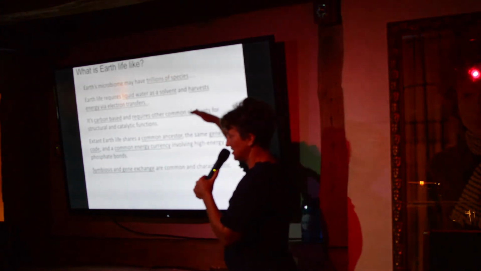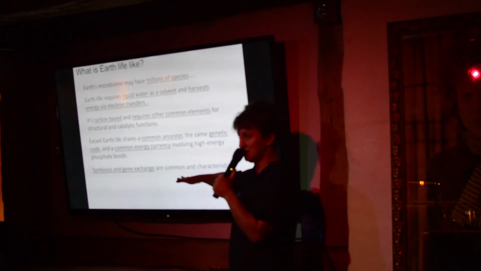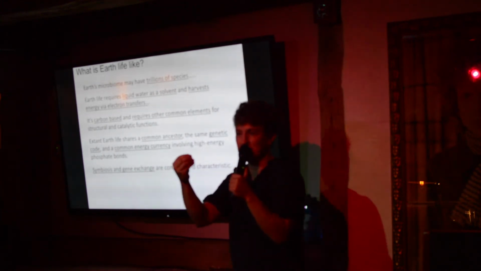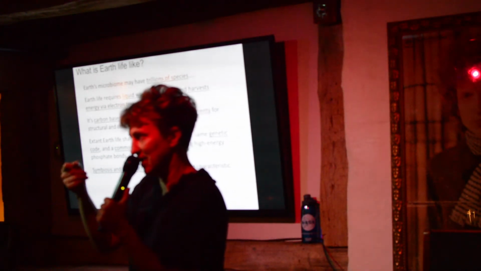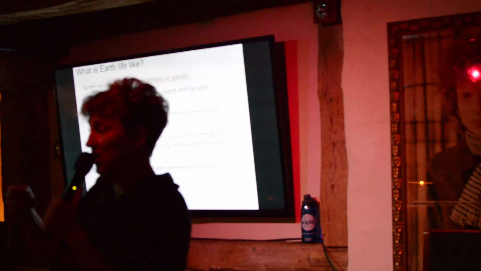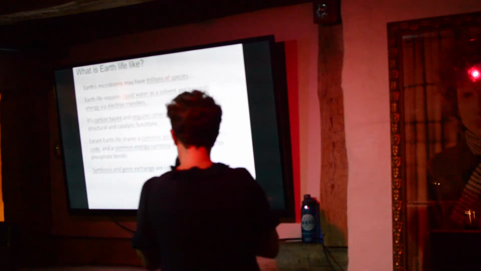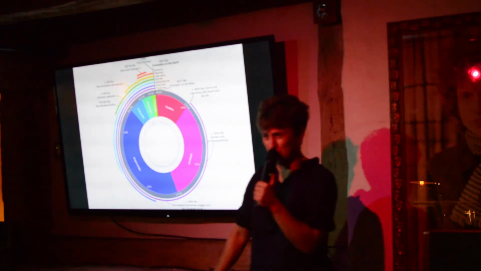We have all these things we can tell the alien about who we are. Okay, symbiosis and gene exchange. Symbiosis facilitates the exchange of genetic information because the cells are right up next to each other. So not only are we symbiotic, but we're sharing information.